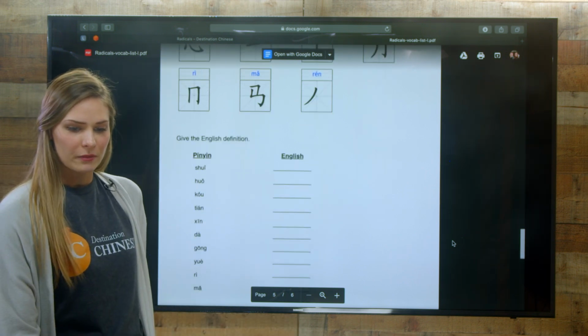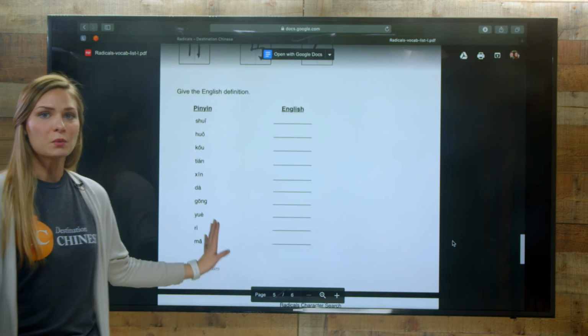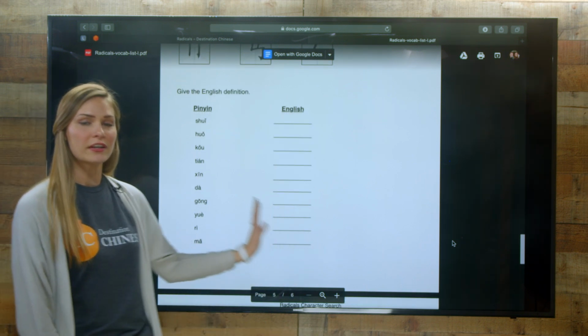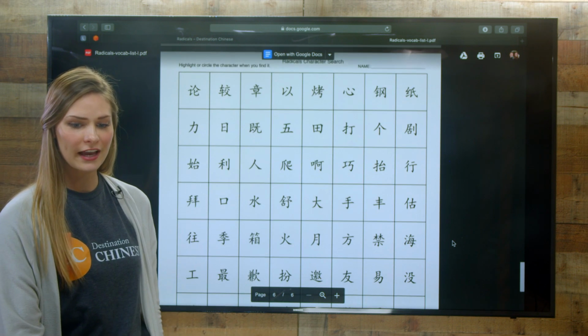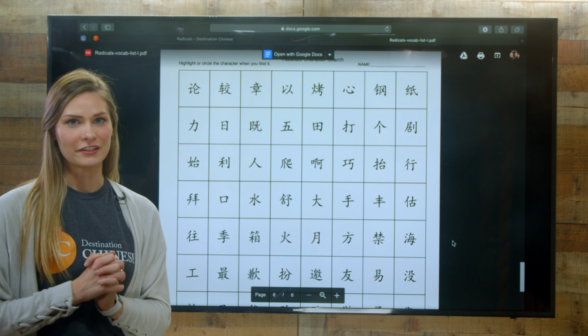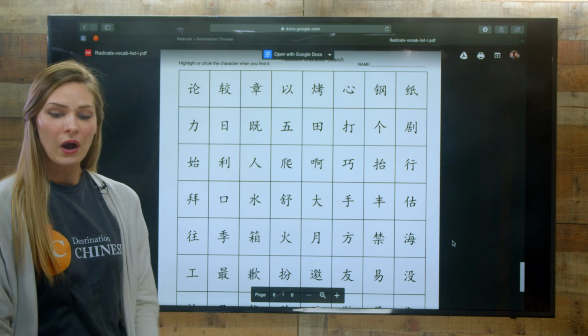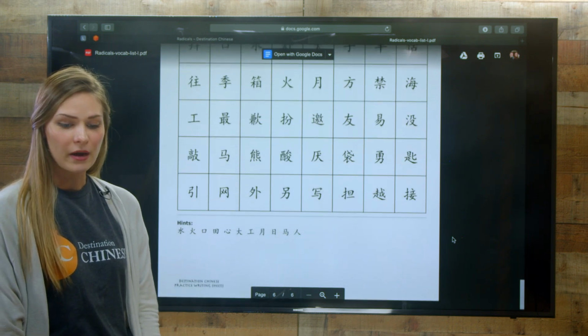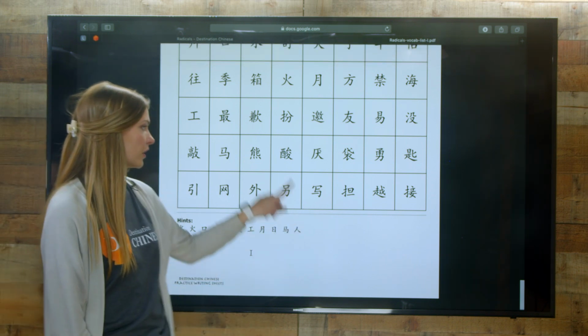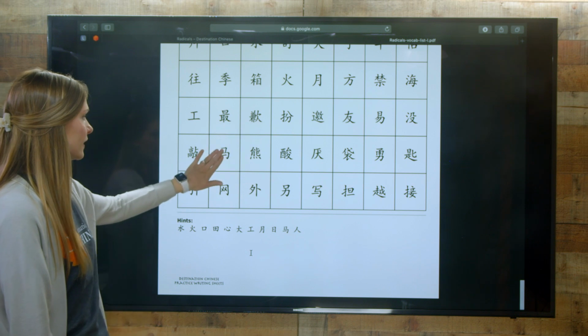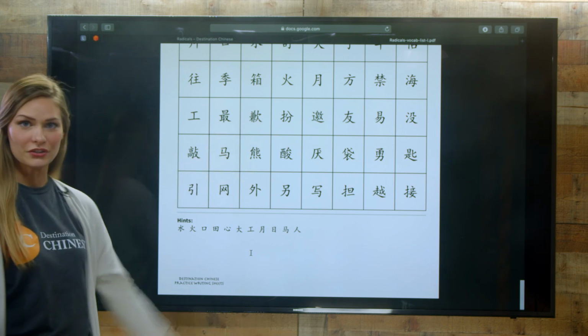And then right under your missing strokes, you will always be asked what the English definition is when you're given the pinyin and tone. And then your last worksheet is a word search. I think these are really fun. All you have to do is look at the bottom to give you what words you're looking for, and you're gonna go through and look, and if you find it, you can highlight it or you can circle it.